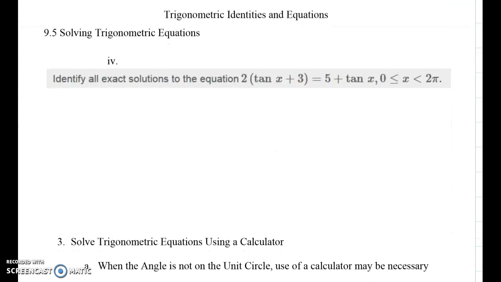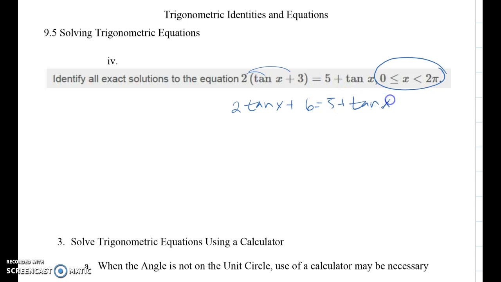Example here, before we move on into part 3, it says identify all exact solutions to the equation 2 tangent x plus 3 equal to 5 plus tangent x. And then they show us the domain here of our x. So I'm just going to move slowly and do some of my algebra techniques here. So I'm going to distribute that 2 throughout to get rid of my parentheses.